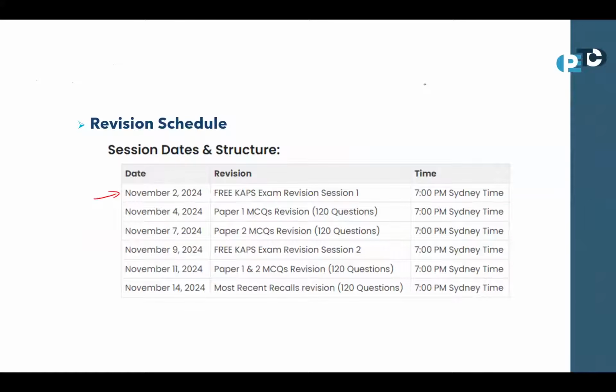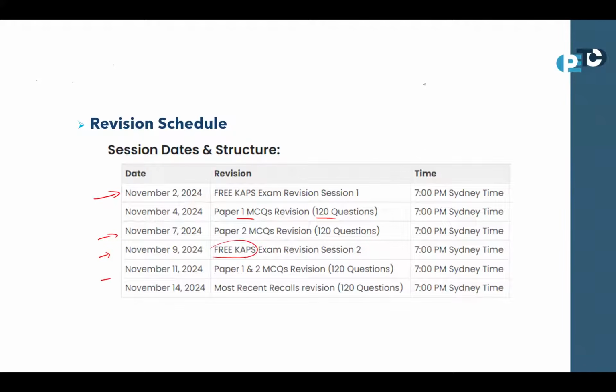Then we'll have another lecture in the coming Monday, which will be about paper 1. It's not free. We'll discuss about 120 questions of paper 1, the most recent questions. Then on the coming Thursday, we'll have paper 2. On the coming Saturday, the second free one.